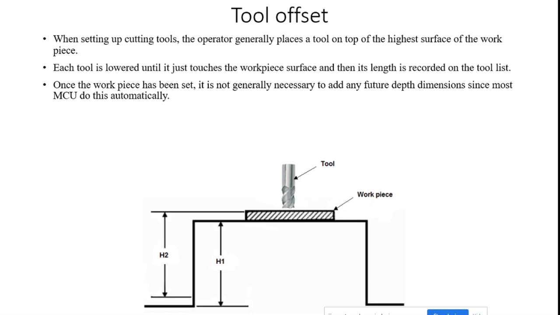Once the workpiece has been set, it is not generally necessary to add any future depth dimensions, since most MCU do this automatically. From this touching methodology, most machining control units get the data automatically.